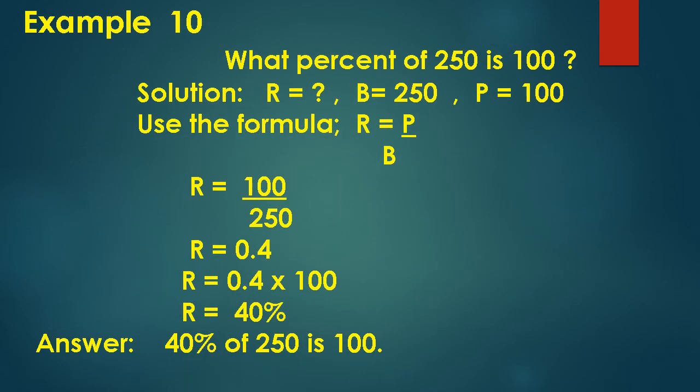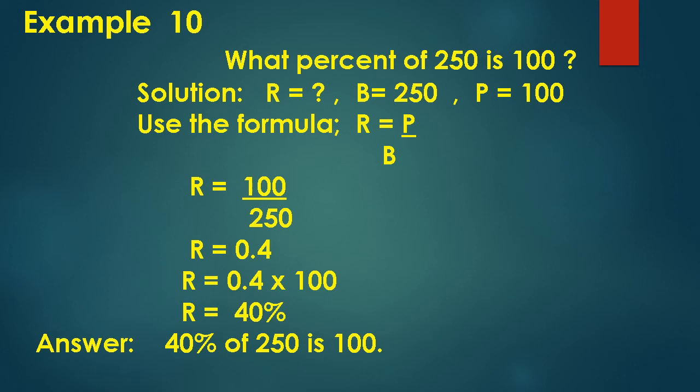Example number 10. What percent of 250 is 100? Solution. R, or the rate, is the unknown value. B is equal to 250 and P is equal to 100. Use the formula R is equal to P over B. So R is equal to 100 divided by 250.